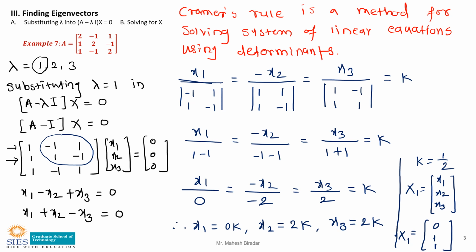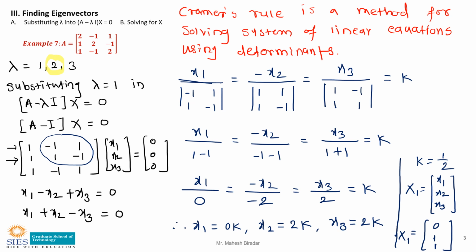Now I am going to repeat the same procedure for lambda is equal to 2. So in the same example, and now I'm going to consider lambda as 2 for finding eigenvector. So I'm going to highlight what are the changes I'm going to do here.